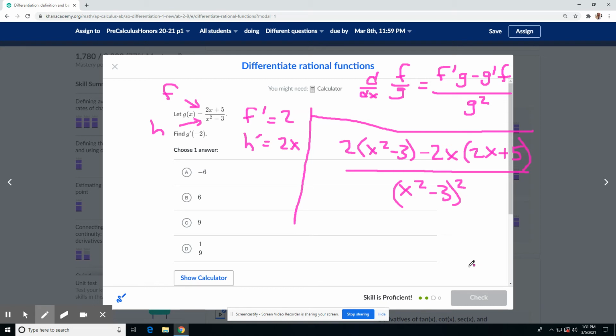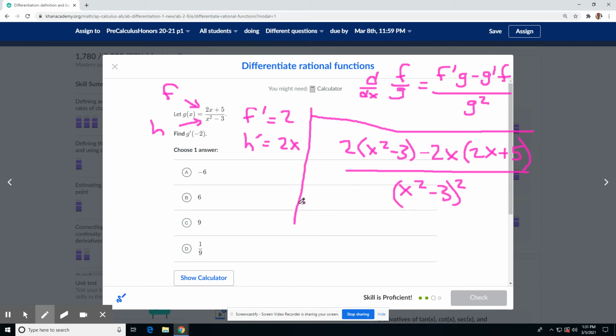All right. So the only way that this could reduce at all is if we had an x squared minus 3 inside of here. If I distributed this, that would be a 4x squared plus, I'm not doing the minus, just the 2x, plus 10x. Nope, no way. So this is our final answer.